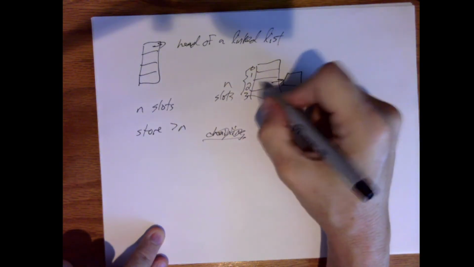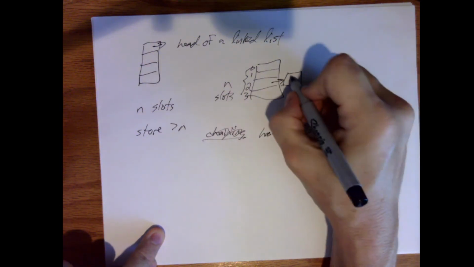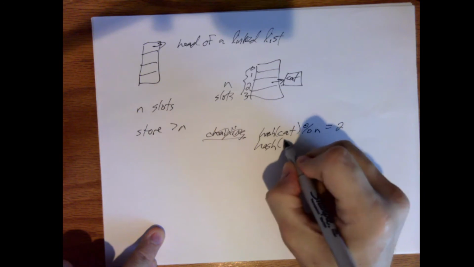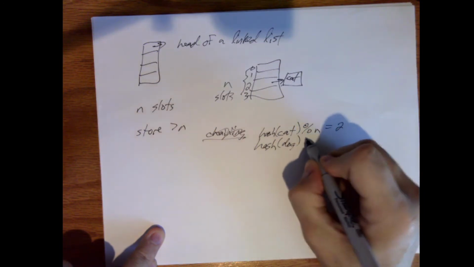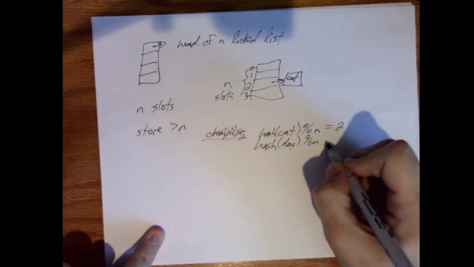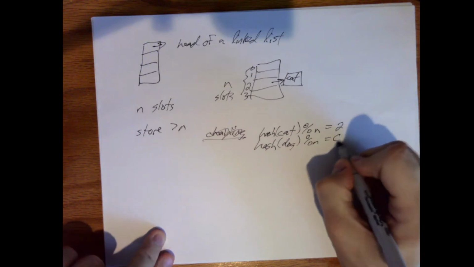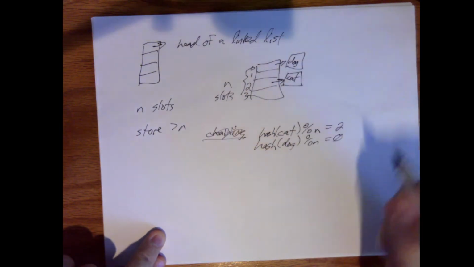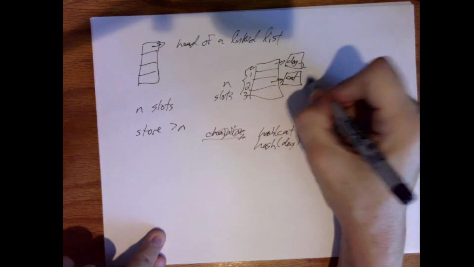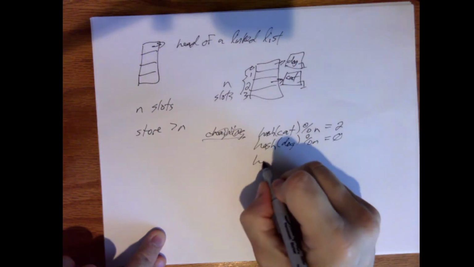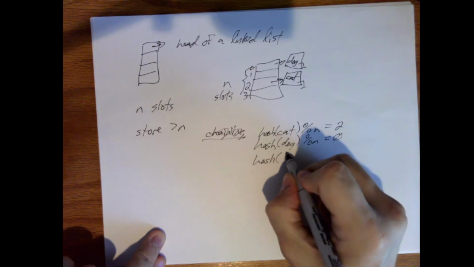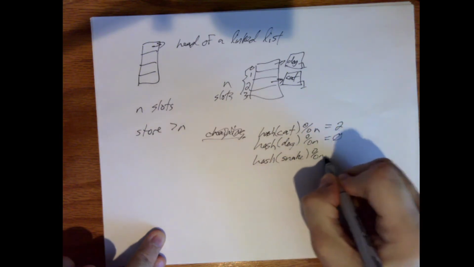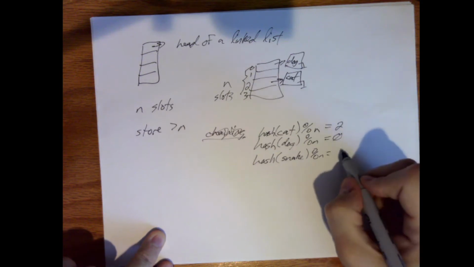So I'm going to add a node to my linked list because initially these are all null, and put cat here. And then we get hash dog mod n is equal to 0. Dog. And these will be null terminated. And then we get hash snake mod n is equal to 2.